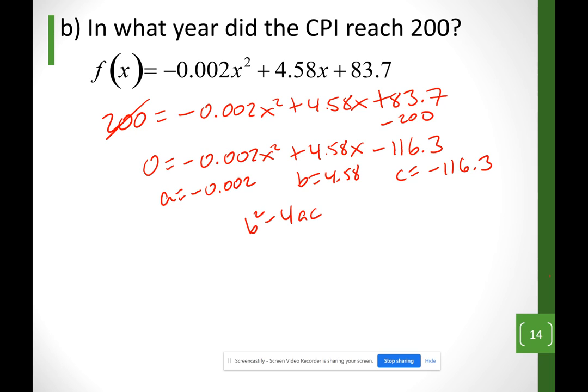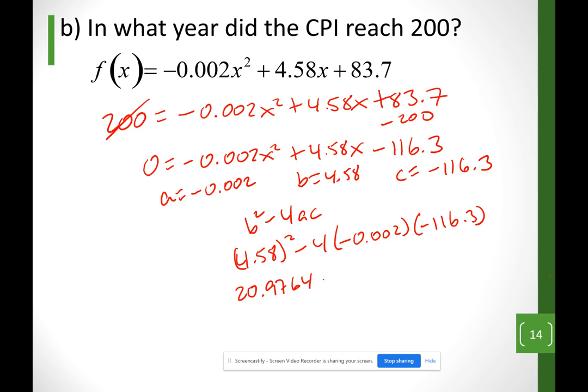I'm doing 4.58 squared minus 4 times a negative 0.002 times a negative 116.3. 4.58 squared gives me 20.9764.